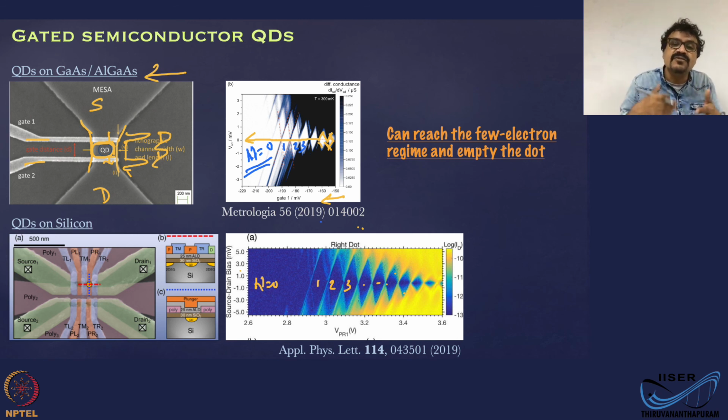But there are techniques to identify and characterize this regime, which we will discuss in one of the coming classes. You can use techniques such as charge sensing instead of measuring the current, which we will discuss later. Okay, so this is the story with semiconductor gated quantum dots.